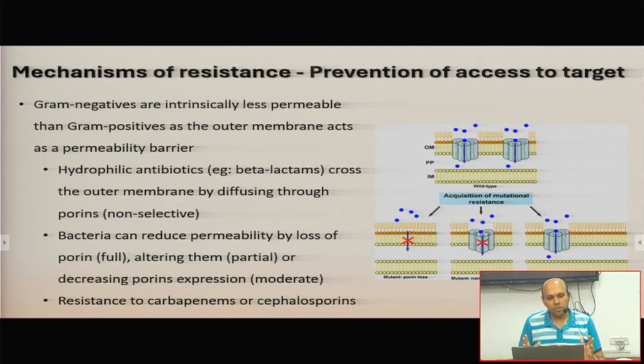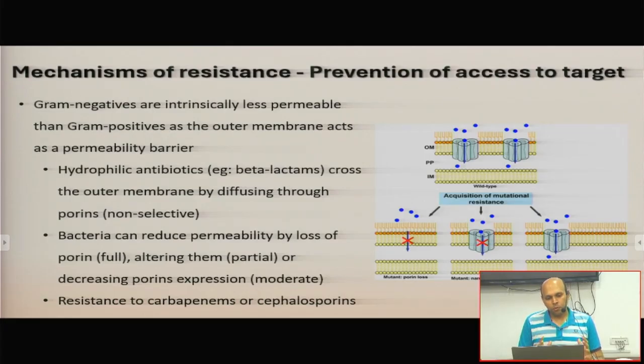So the first mechanism of resistance is prevention of access to the target. Gram negatives are intrinsically less permeable than gram positives, as the outer membrane acts as a permeability barrier. Everyone knows what permeability is, right? To penetrate.